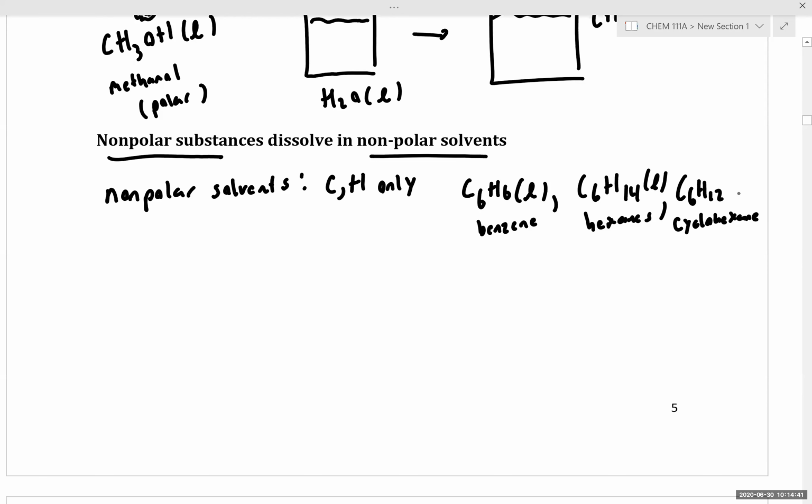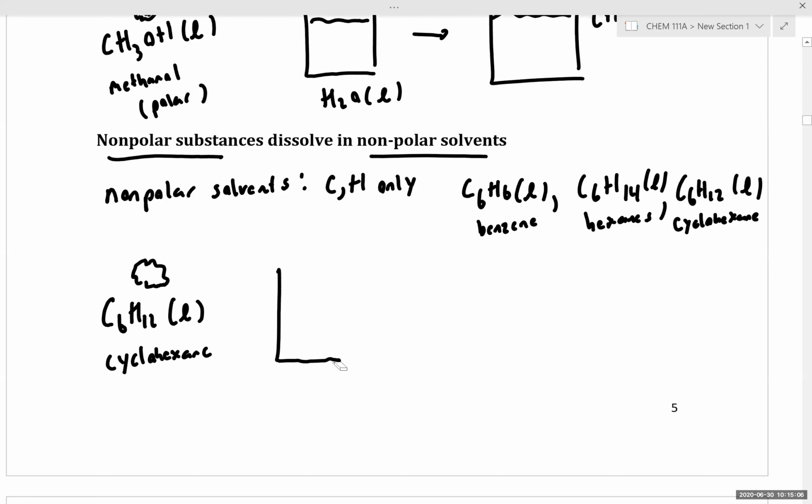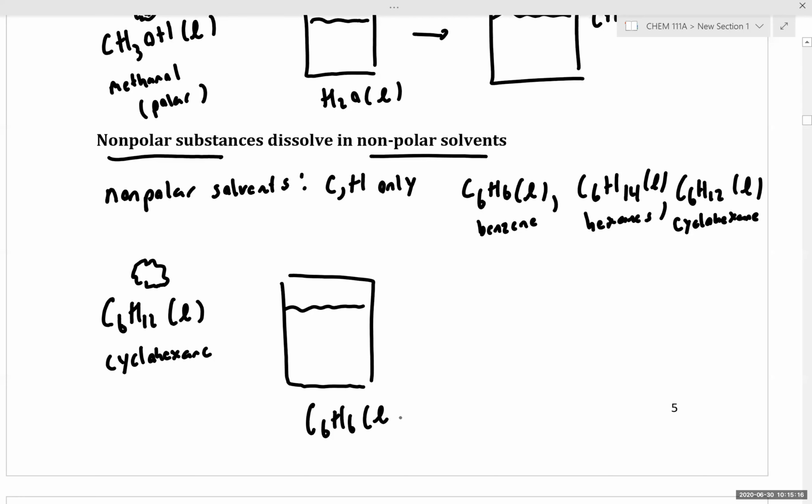The key point I want to make here is that nonpolar substances dissolve in nonpolar solvents. So, for example, if I have some cyclohexane, C6H12, as a liquid, I can very easily dissolve my cyclohexane, which is very greasy, very nonpolar, in a solution of benzene.